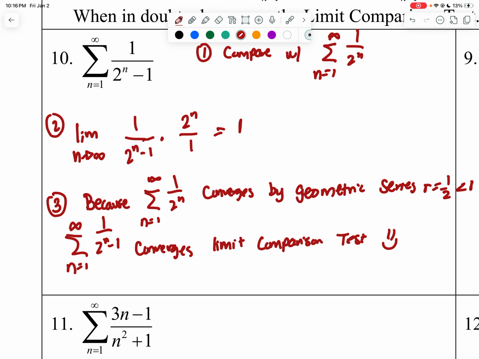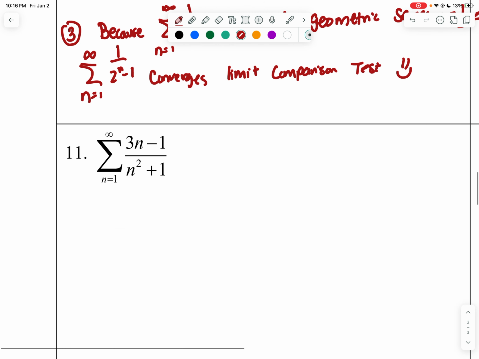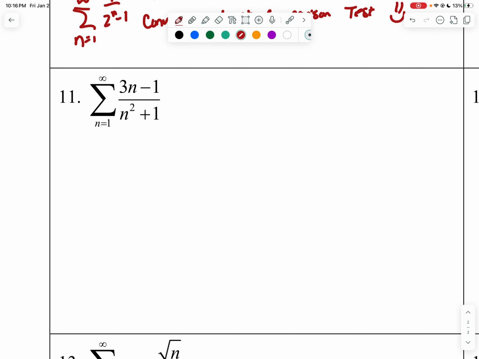Now, looking at something like number 11 here, where we don't really know what the direct comparison test will tell us, we know that whenever we are choosing a series to compare, which I didn't tell you guys in the video, we probably want to compare it in terms of the exponents.